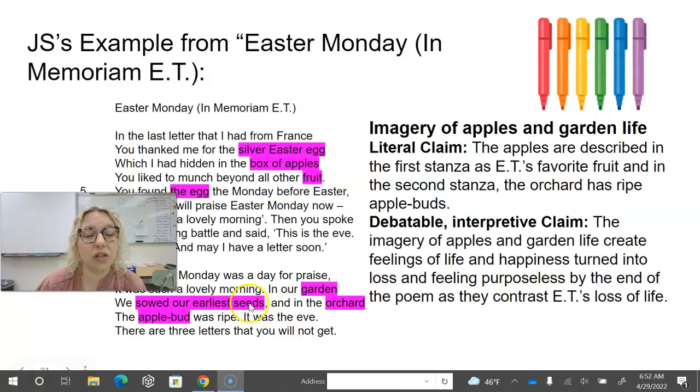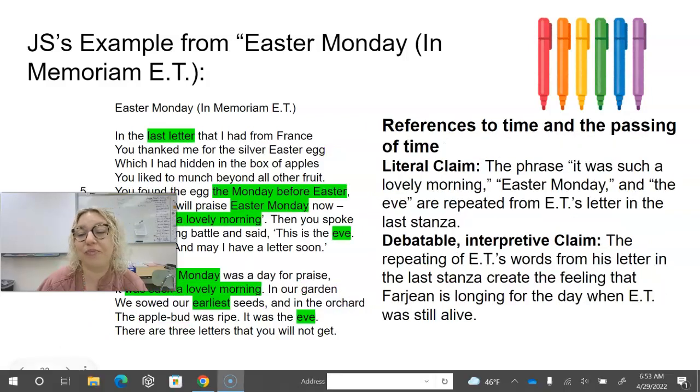And the juxtaposition, the fact that those two things are placed right next to each other, is what J.S. argues actually creates this feeling of purposelessness for the speaker, because the growing apples are never going to be eaten now by E.T. It's his favorite fruit, but it doesn't matter because he is no longer alive. And so that was a really effective claim that she made, and pretty carefully thought up. Can't think of a better verb.